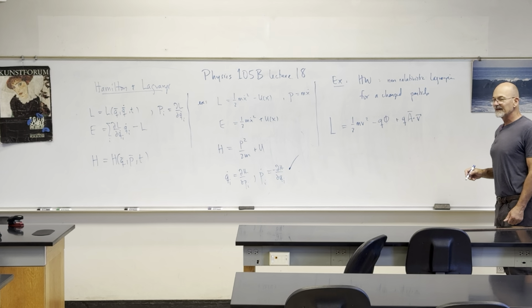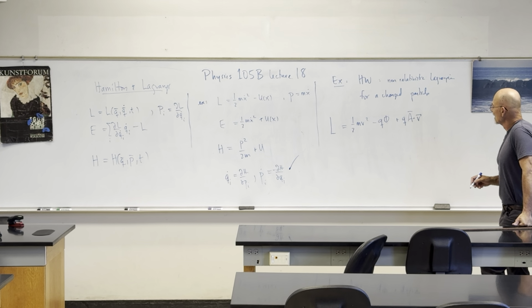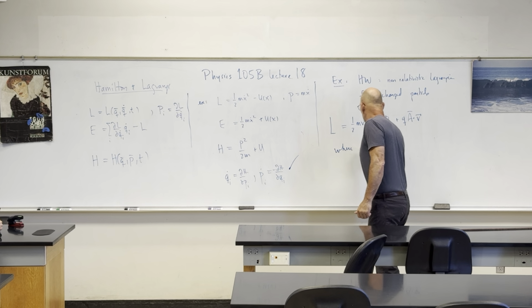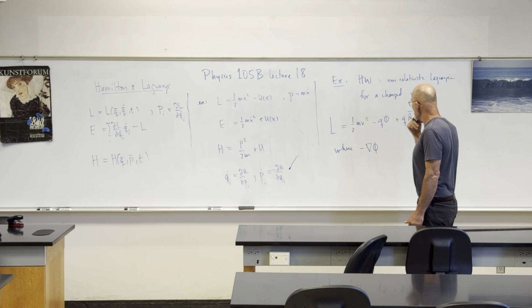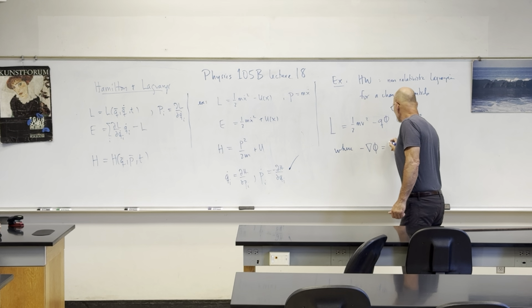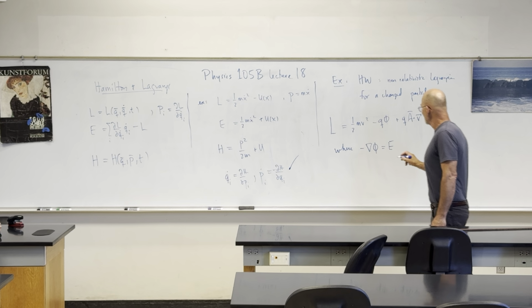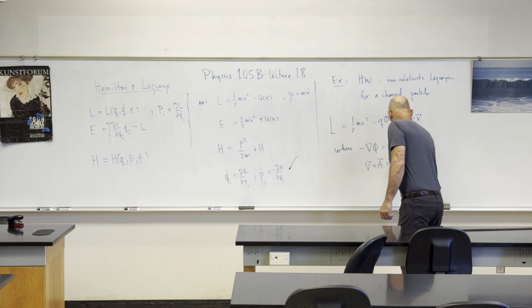And we're going to explain this a little more, where minus gradient of phi is equal to E, and the curl of the vector potential A is equal to the magnetic field.